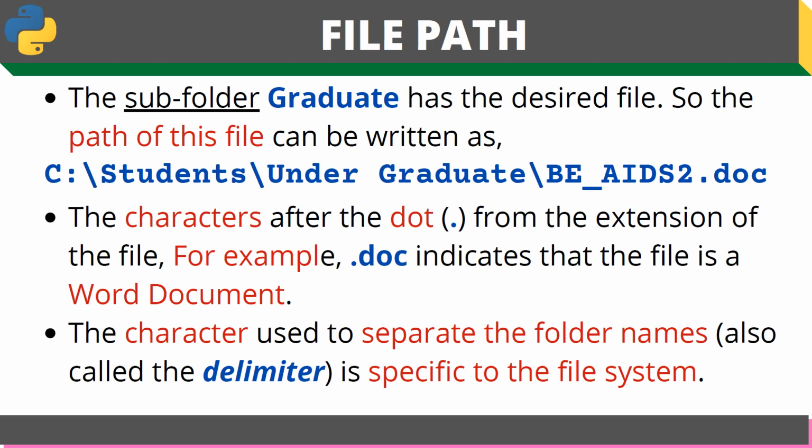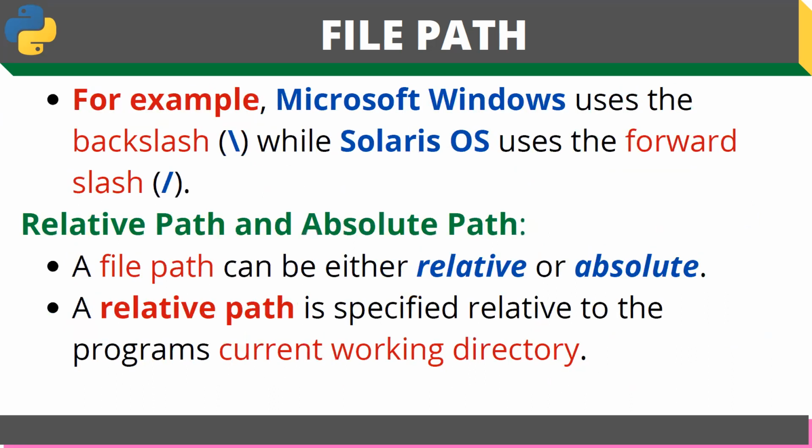So here in this example, we have used backslash. So now backslash is the delimiter, and Microsoft Windows uses this backslash as delimiter, while the Solaris operating system uses the forward slash.